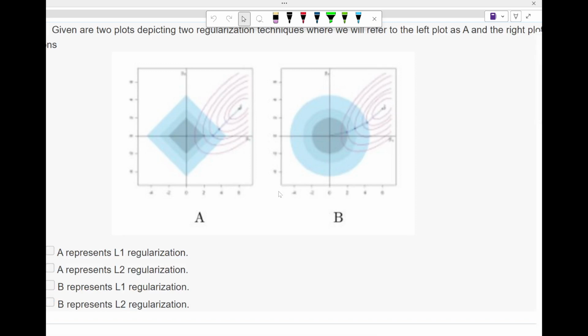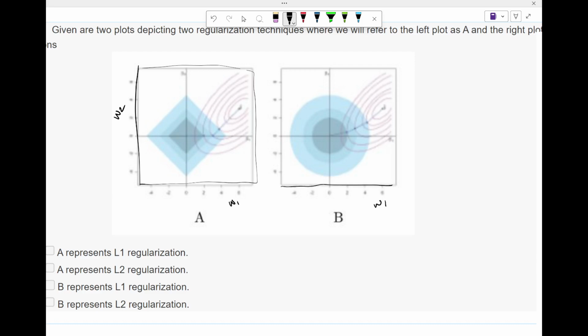So what I think is this plot is there, and this axis represents one of your parameters, let's say two-dimensional parameters w1, w2. Here also it is w1, w2. This is 0, this is 0 here.